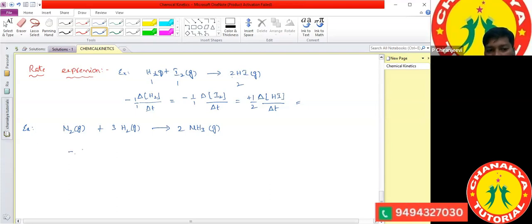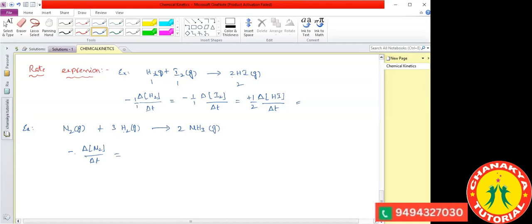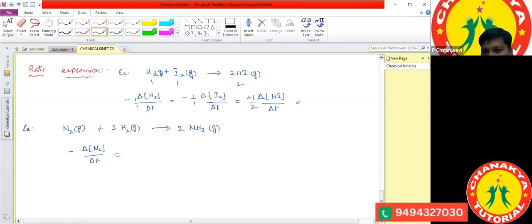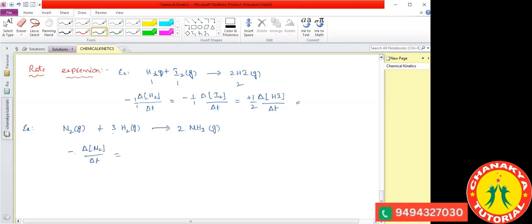While writing for the reactants, how can we write? Minus delta N2 divided by delta t is equal to, here I didn't write anything because the stoichiometric coefficient of nitrogen is equal to 1. What is the stoichiometric coefficient of hydrogen? 1, sir. Hydrogen, before it how many moles are there? 3, sir.